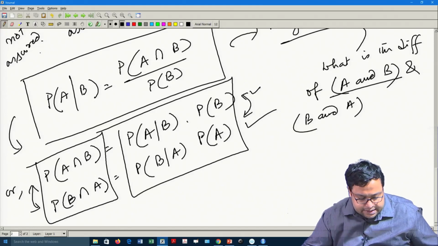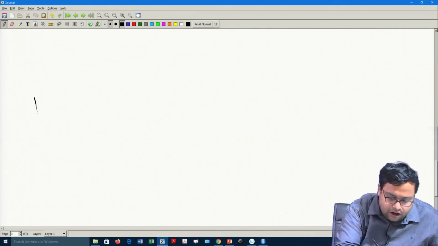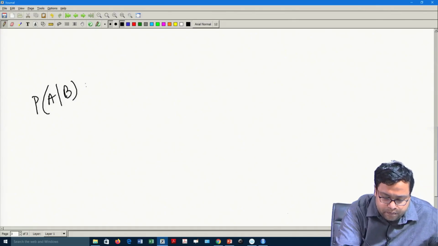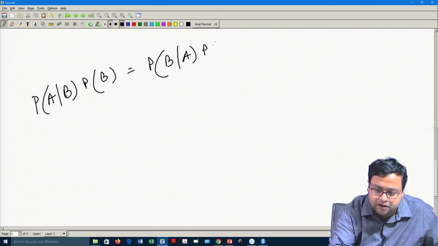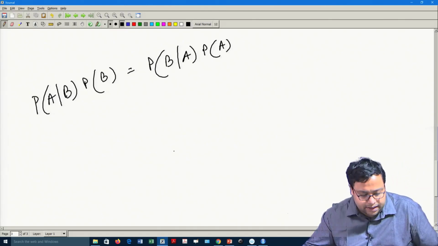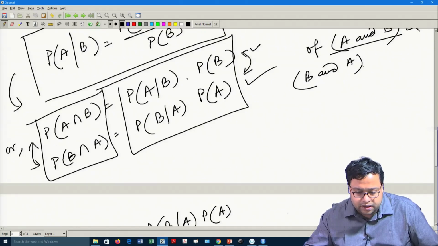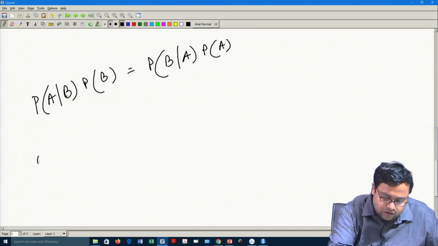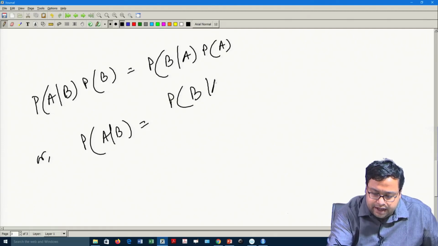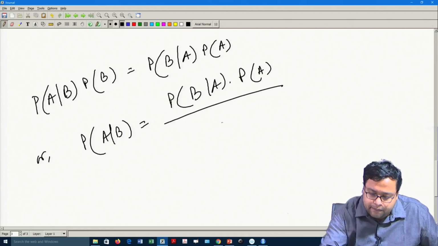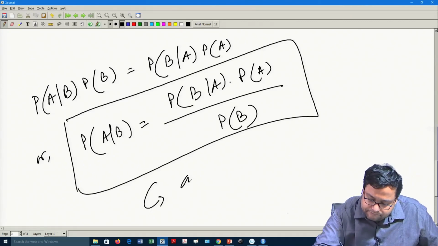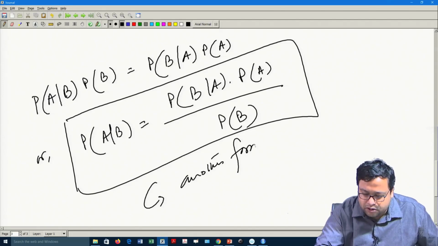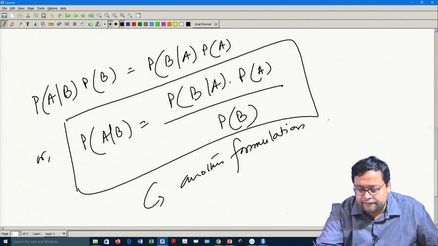That means P of A given B into P of B is equal to P of B given A into P of A. So, that was the formula. Or, P of A given B is P of B given A into P of A by P of B. So, this is another formulation of Bayes theorem.